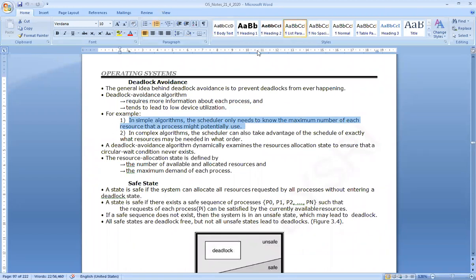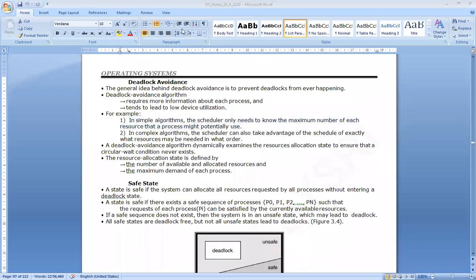So many different, very minute details, if you are able to collect about the process and give to the CPU or the processor at the right time, then it may help in avoiding the deadlock situation. It can think in advance and avoid the deadlock situation. That is called deadlock avoidance.